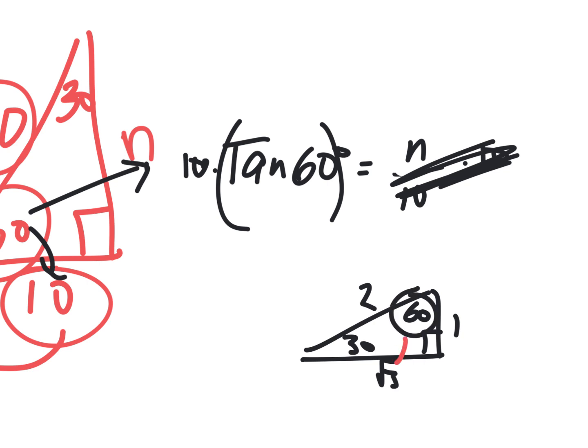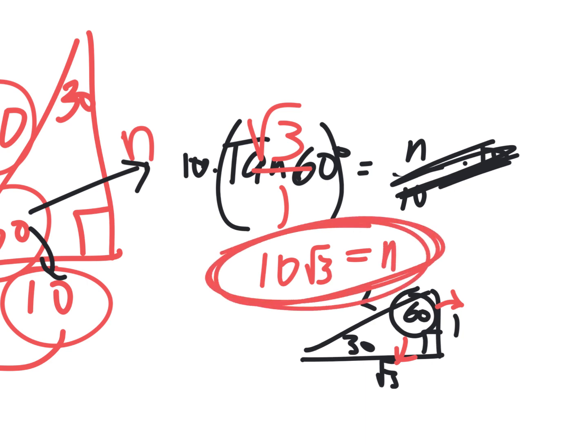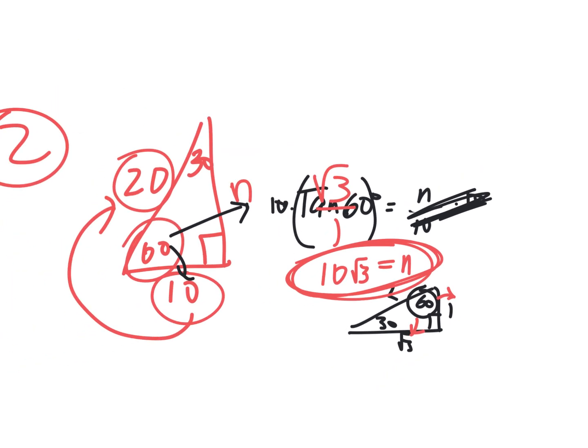Tangent is TOA, opposite over adjacent. Root 3 over 1. So that's 10 root 3. Did somebody get 10 root 3 before me? Good, then it's probably right. All right. There's a reminder of how to do number 2.